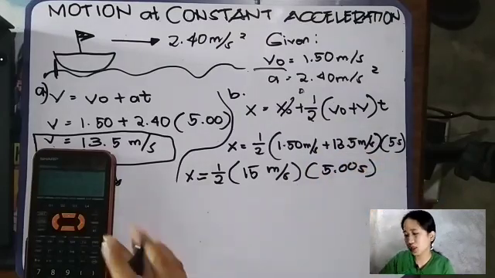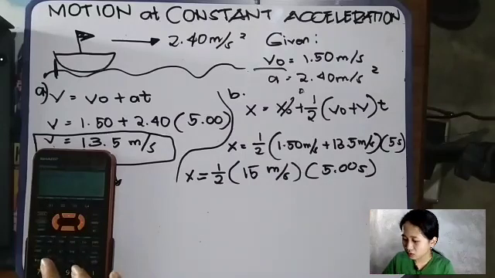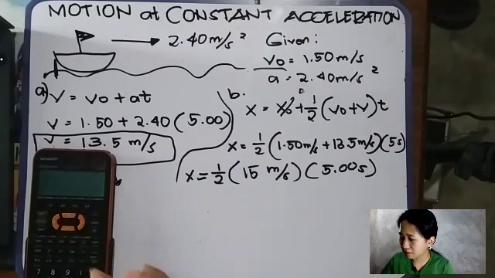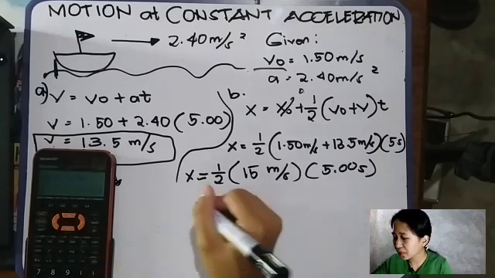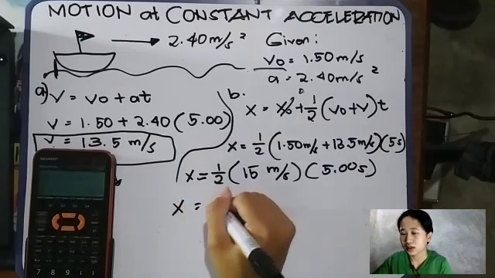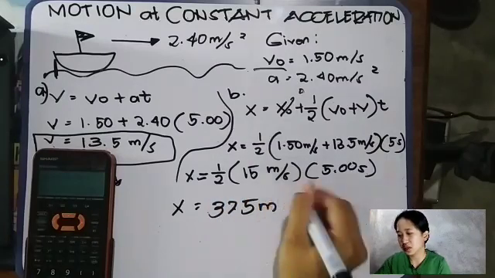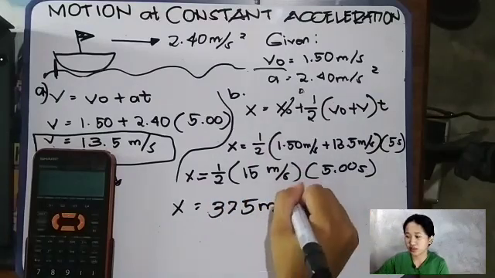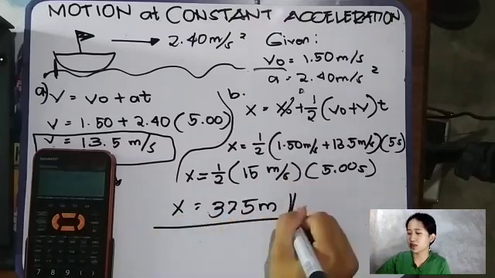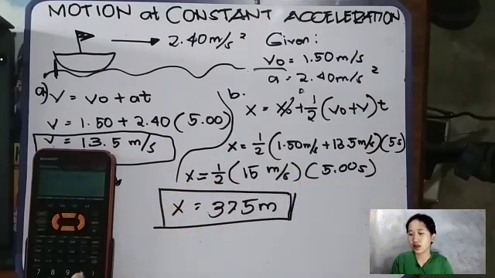So, ayan, i-compute na natin sila lahat. So, 1 half times 15 times 5 seconds is equals to 37.5 meter. So, yan yung sagot natin sa letter B.